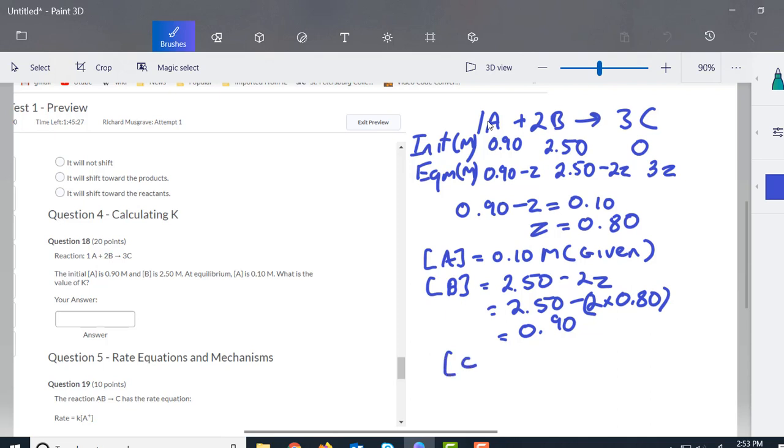Now C is going to be 3Z, and that's going to be 3 times 0.8, which is going to be 2.40 molar.